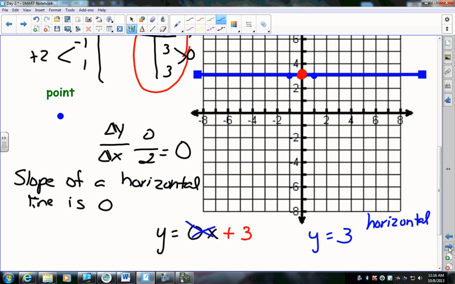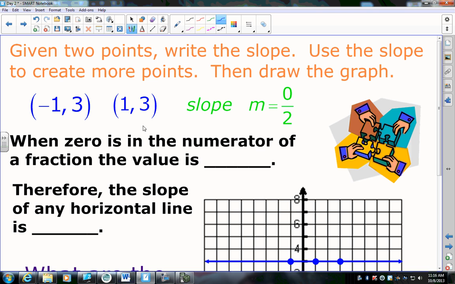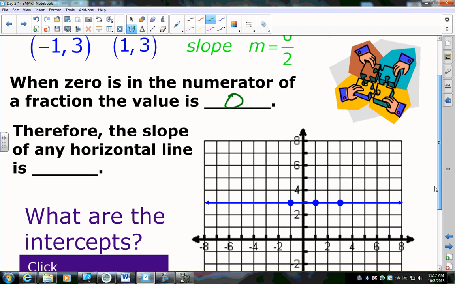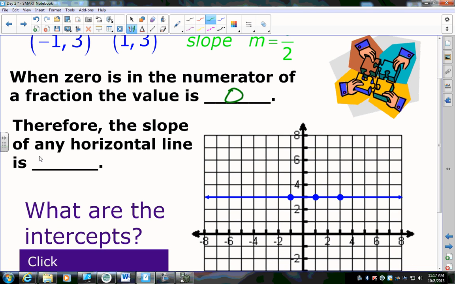Now, let's look at the next one. Well, wait, we'll start here. All right. When 0 is the numerator of a fraction, the value is 0. Therefore, the slope of any horizontal line is 0.